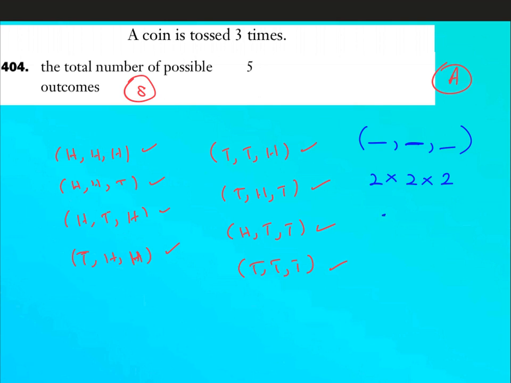So that is also the number of possible outcomes. 2 times 2 times 2, which is 8. So you can use this shortcut, which we will discuss later in detail, or you can go for the listing approach. This is listing, and this is the shortcut. Either way, the total number of possible outcomes is 8, which is clearly more than 5, hence the answer is A.